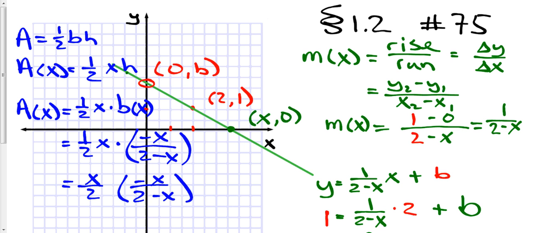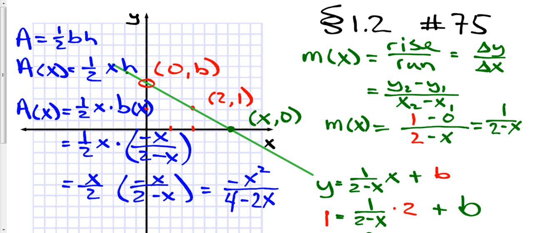Okay? So, when we multiply these, numerator times my numerator. So what do I get? Negative x squared over, not 2 times x minus 2, 2 times 2 minus x, or 4 minus 2x.